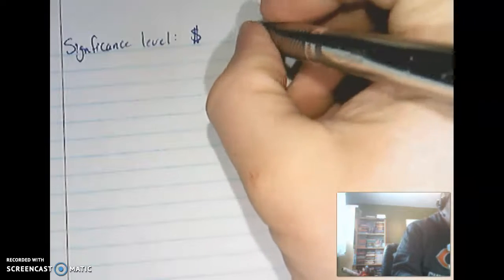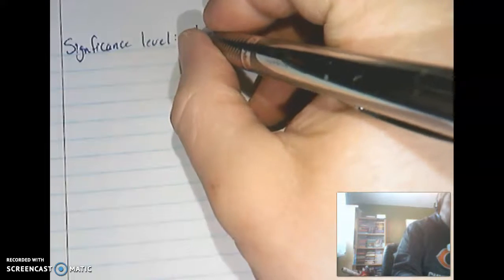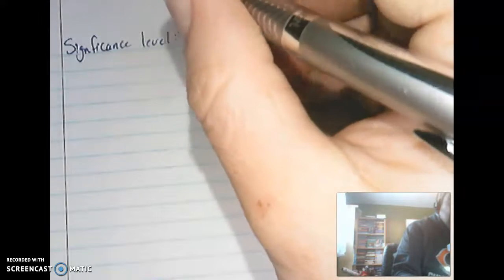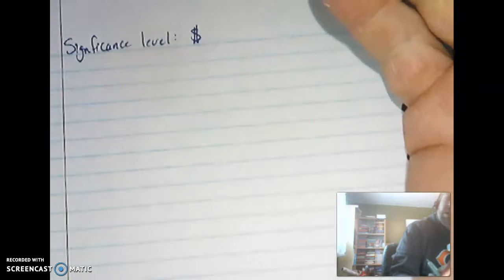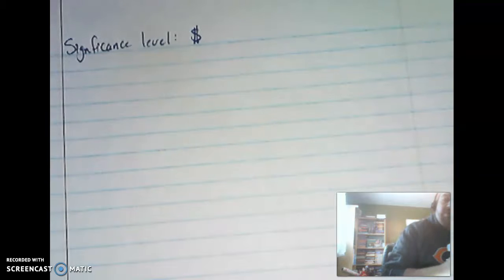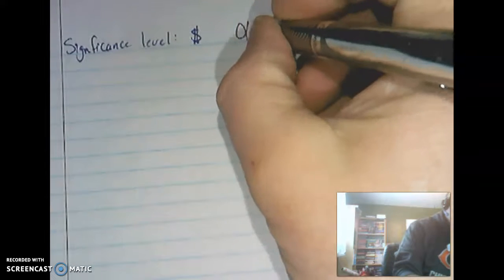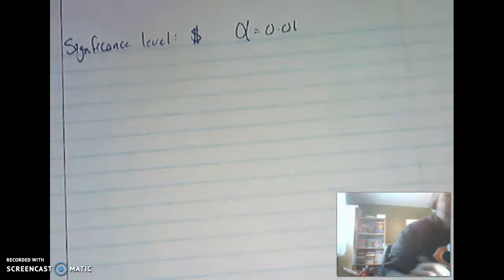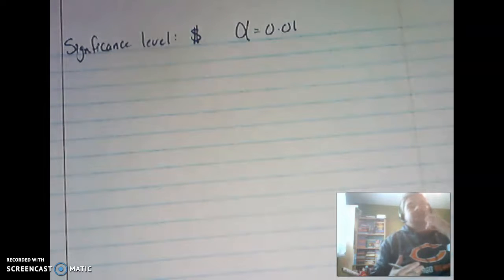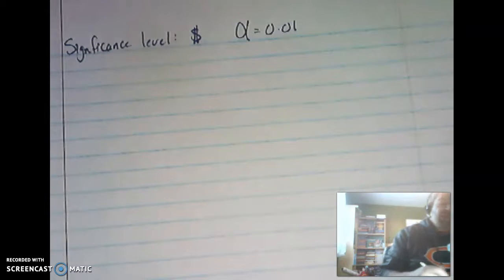So because it's expensive and it's a high influence, we're going to want to move towards a 0.01 significance level because of the cash and the problems that it's going to affect. Okay.